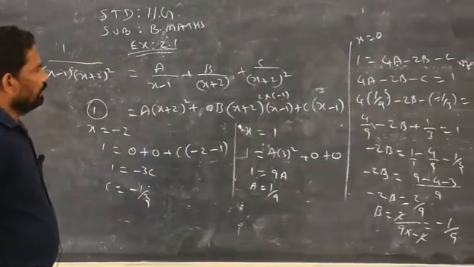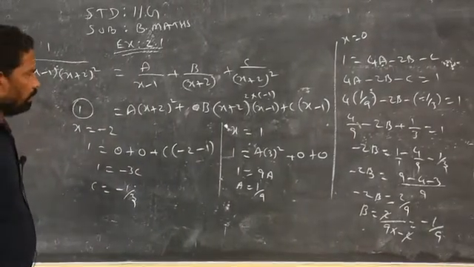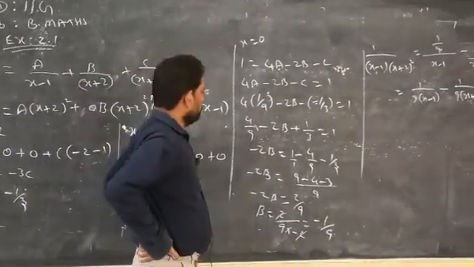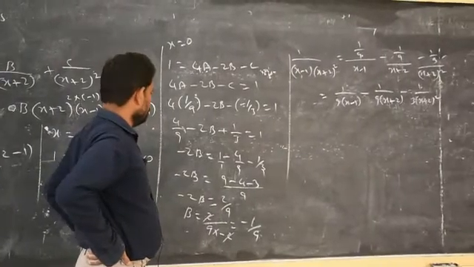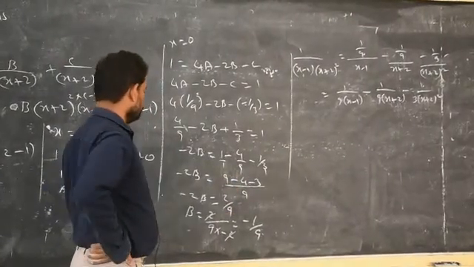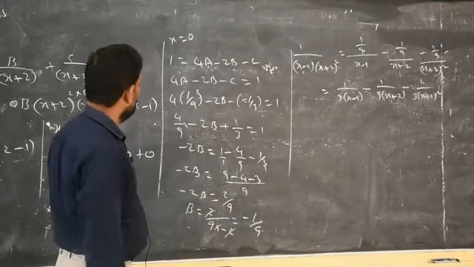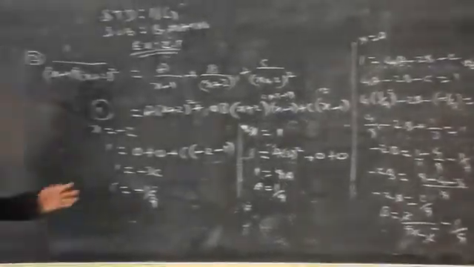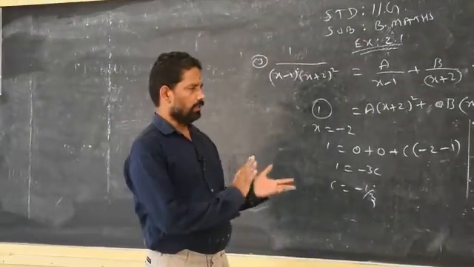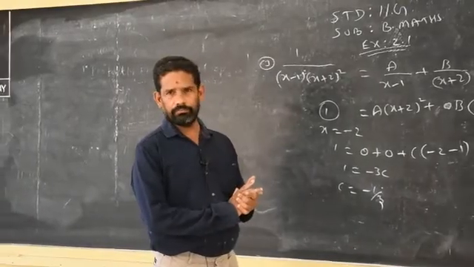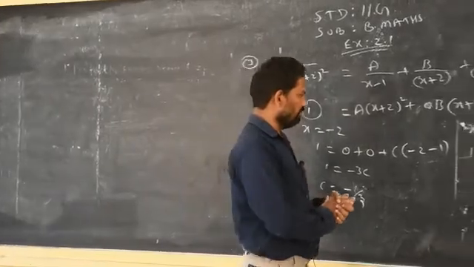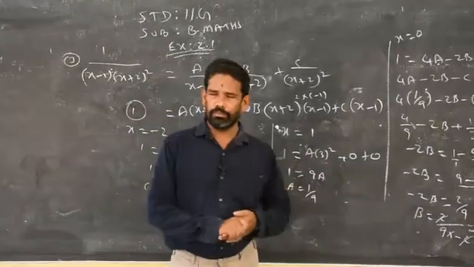So you have to check b alone now, whether it is correct or wrong. 4a is this, b minus 1 by 3 plus 1 by 3, 1 minus 1 by 3 minus 1 by 9, you simplify. Answer. You check, don't simply copy. I don't know whether it is correct or wrong, you have to check. Clear, don't copy. Sometimes I deliberately make mistakes somewhere, so you have to find them.